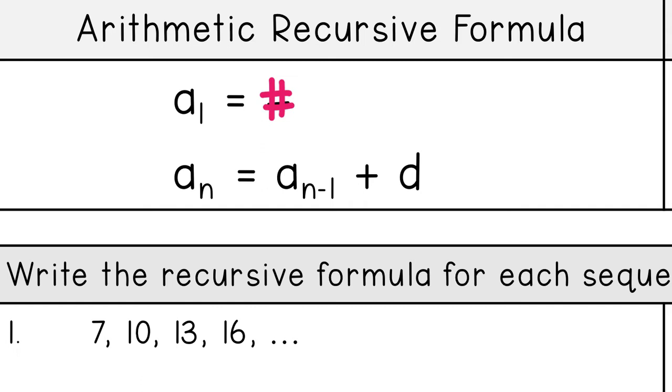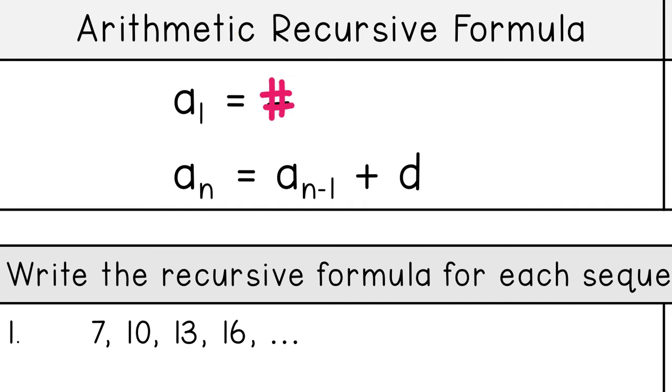A sub n equals A sub n minus 1 plus d. So this is the current term we're trying to find. This is the previous term. What does d stand for when you're doing arithmetic sequences?